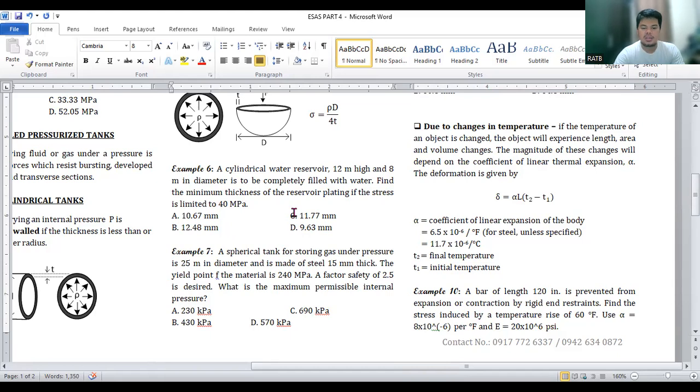The tank is filled with water 12 meters high, the diameter is 8 meters, and we are asked to calculate the minimum thickness of the tank if the stress is limited to 40 megapascal.